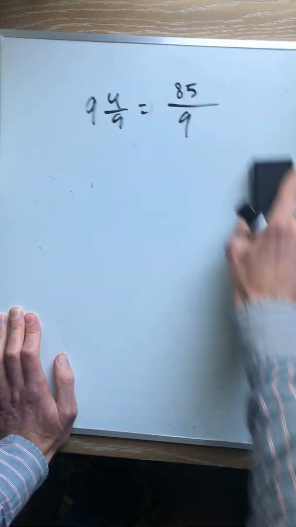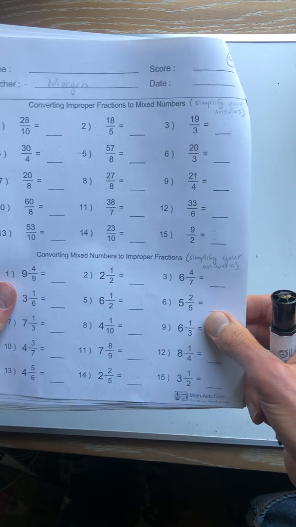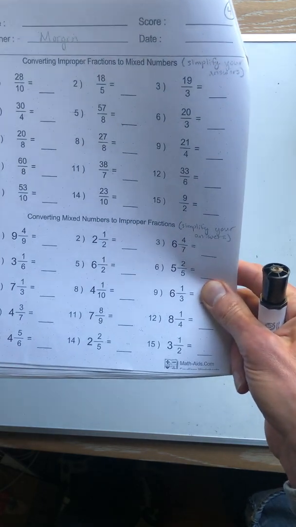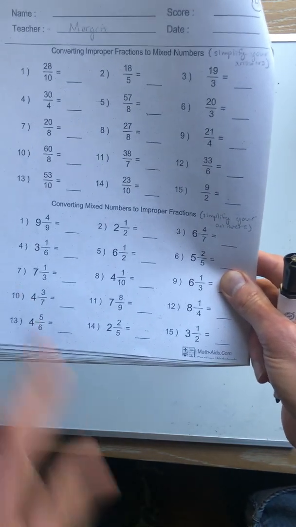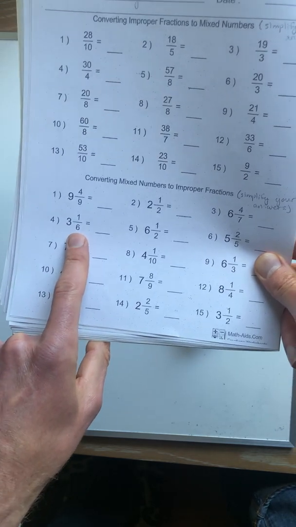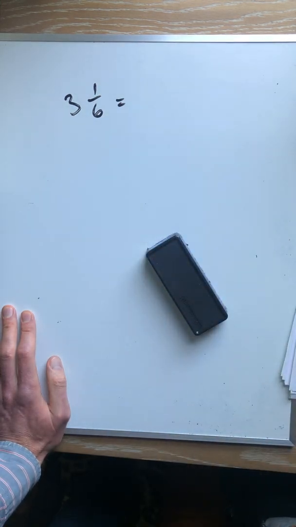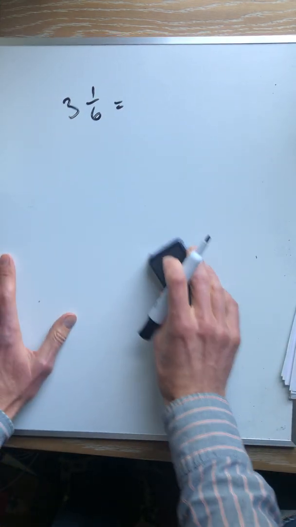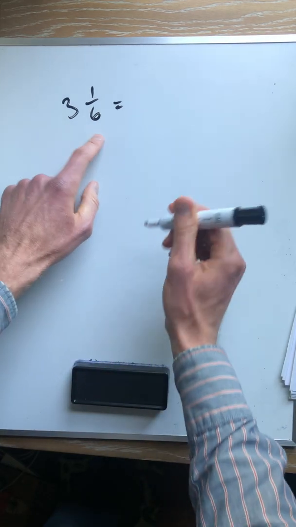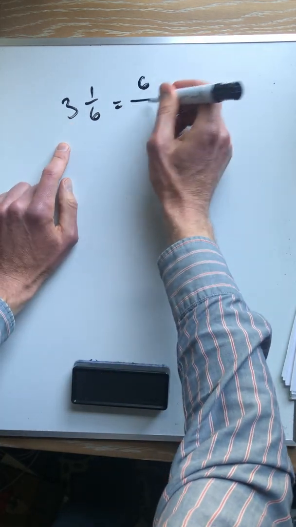I'm going to do one last one, over here. Let's try this one, 3 and 1/6. So 3 and 1/6 equals what as an improper fraction? Well, I could write 6/6 for each whole.